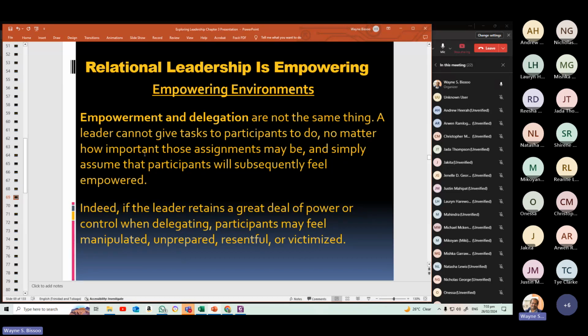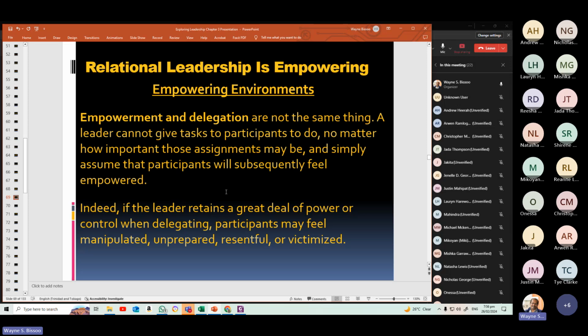One of the ways in which this can go wrong is through delegation. So delegation is not empowerment. You are simply handing over your tasks to somebody else to get done. Now, a lot of people do this to set people up because they oftentimes delegate a responsibility to somebody and don't give them sufficient tools to be able to perform their job.